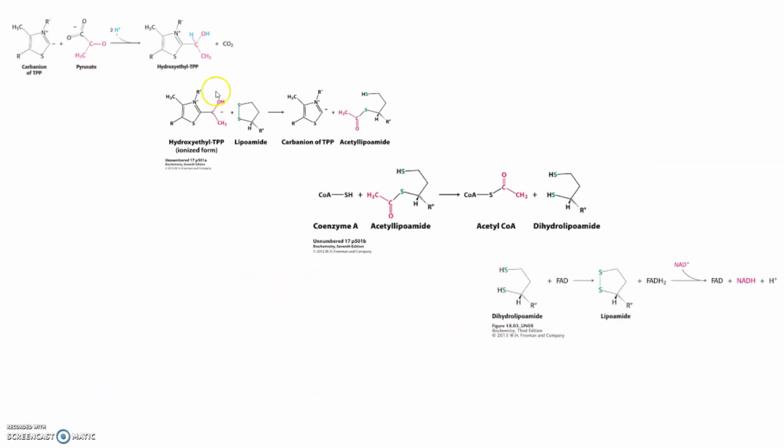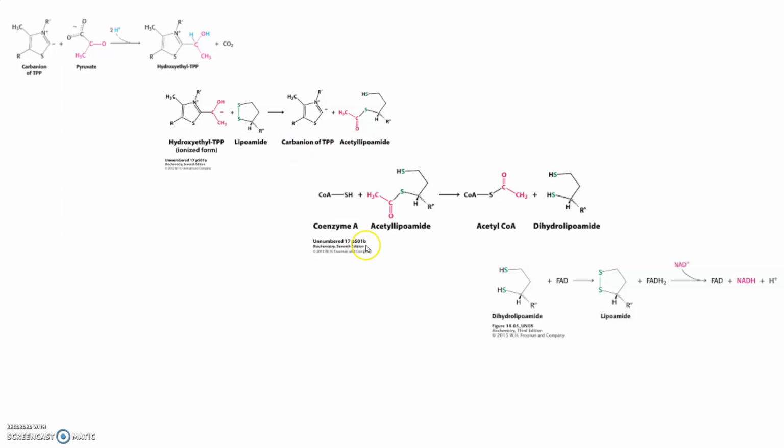Here we have steps 1 through 4. We can see the decarboxylation, in which the pyruvate and the carbanion of TPP result in hydroxyethyl TPP. Then the oxidation, which is step 2, of hydroxyethyl TPP, and the creation of acetyl lipoamide.